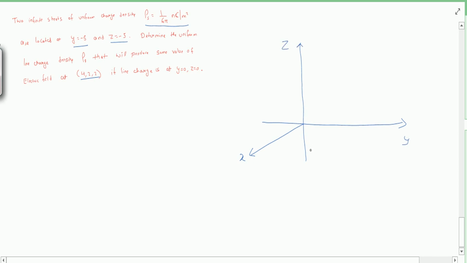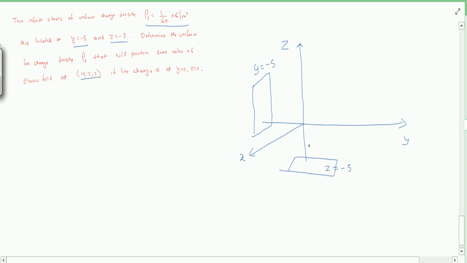The first surface is present somewhat here at y equals minus 5, and another surface is present at z equals minus 5, somewhat here. This is the z equals minus 5 surface.